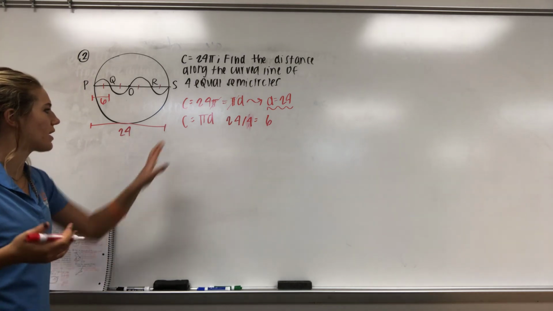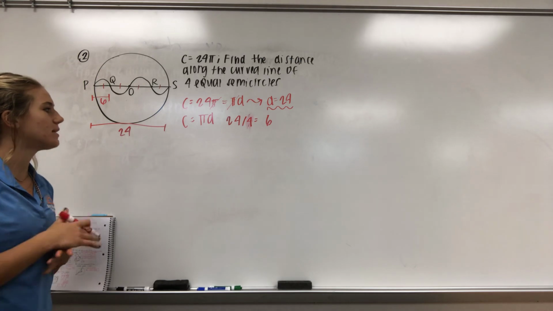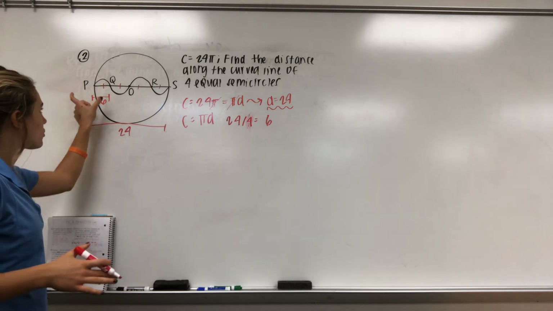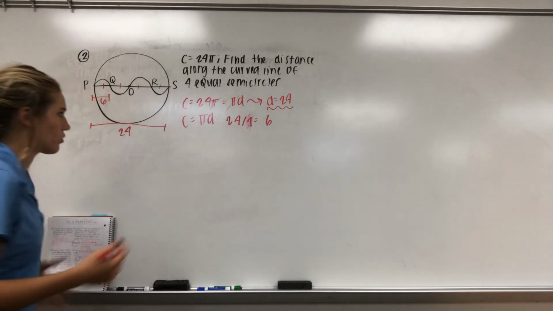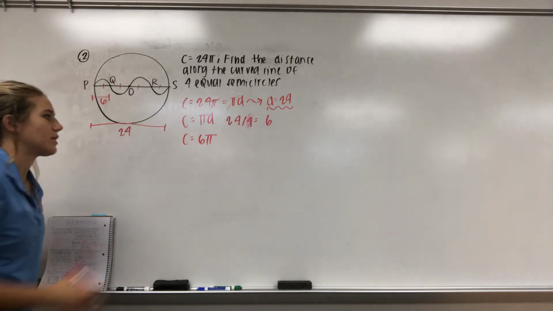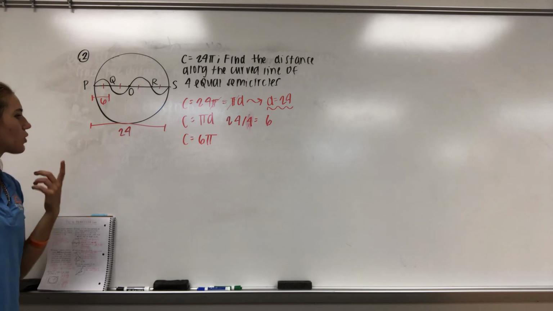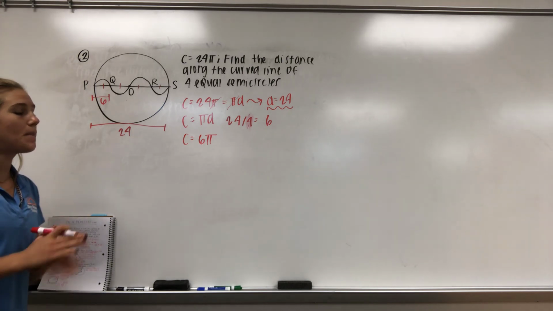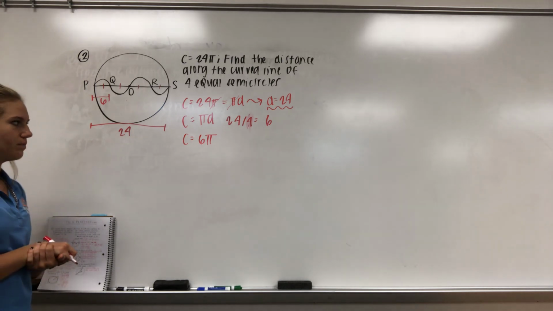Now from here, again, we can use our circumference formula, C is equal to pi d, to find the circumference of one of those half circles. Like I said, the circumference of one of those circles is going to be 6 pi, but here's the kicker.